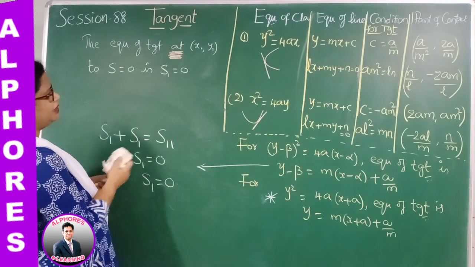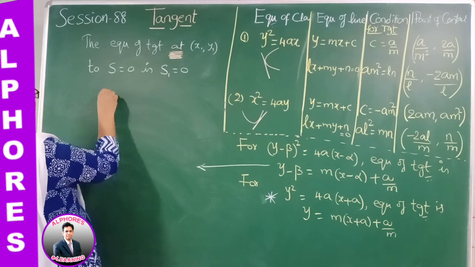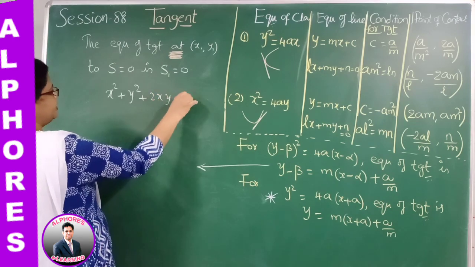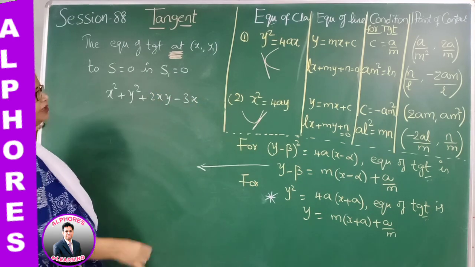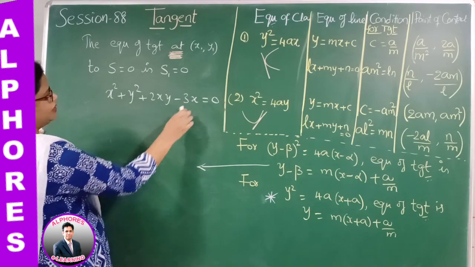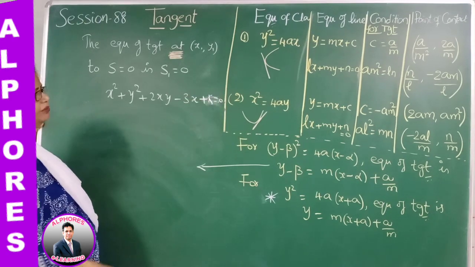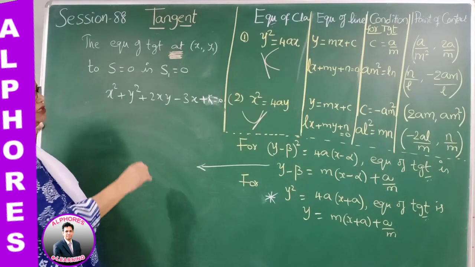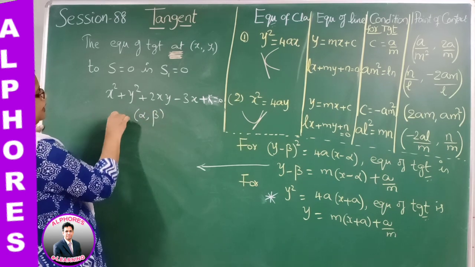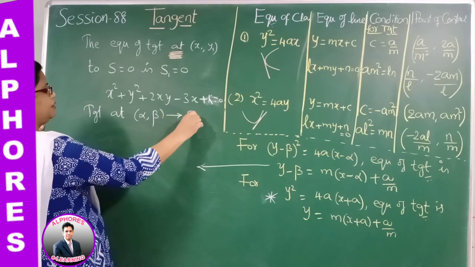Whenever they ask about not only the standard form, suppose an oblique parabola is given, that is x square plus y square plus 2xy minus 3x and so on equal to 0. If this kind of equation is given, then for the equation of tangent at a certain point, suppose it is (alpha, beta), you can make use of S1 equal to 0.